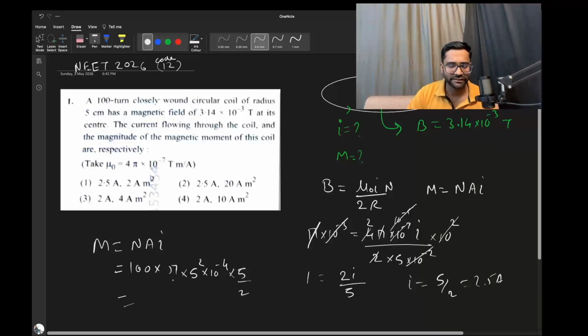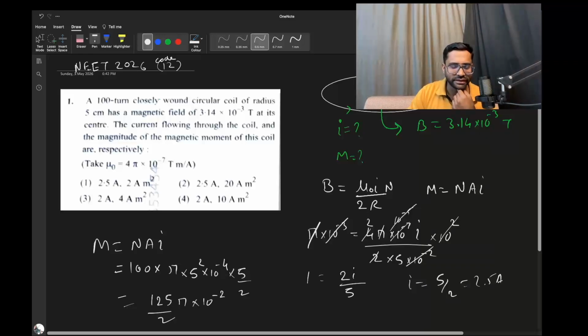Okay, so what we have is 5 square is 25, so 125 pi upon 2 into 10 raised to 2 minus 4. So plus 2 minus 4 is minus 2, and 125 into 3.14 upon 2.